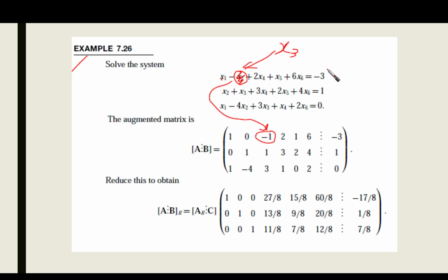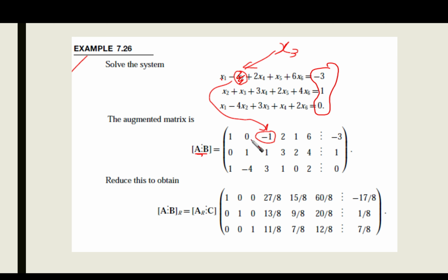On the right hand side, it is minus 3, 1, and 0. And here we put the coefficients of the unknowns. As you can see here, we have arranged the augmented matrix. So this is our augmented matrix, A and B.